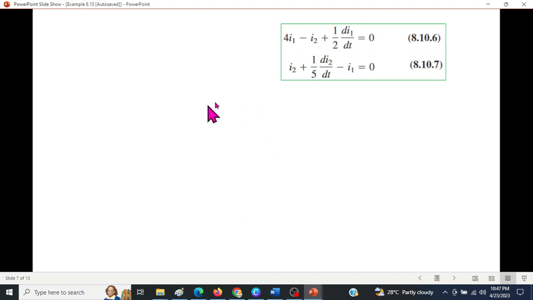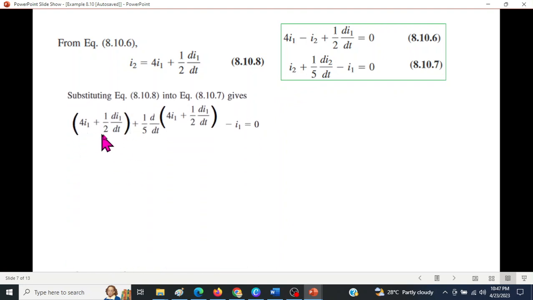So we have these two equations. Now what we need to do is get the value of I2 from the upper equation. From here we get I2 and put this value of I2 in the second equation here and here. So we replaced I2 here, and in this case d of I2, and by solving here, I hope you can do the differentiation.